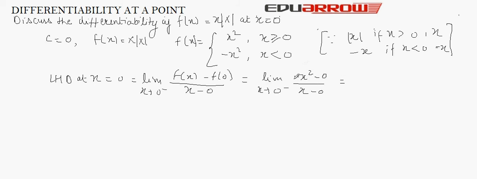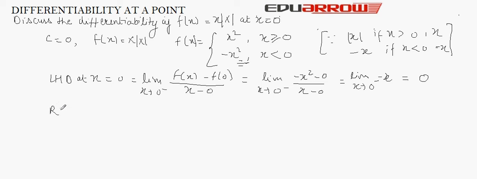We take the function minus x square because here x is less than 0. This comes out to be the limit as x tends to 0 negative of minus x, which is equal to 0.